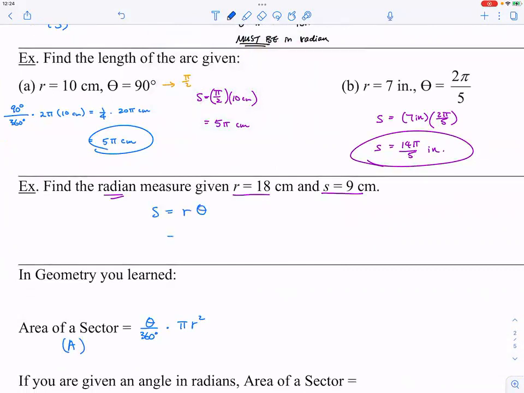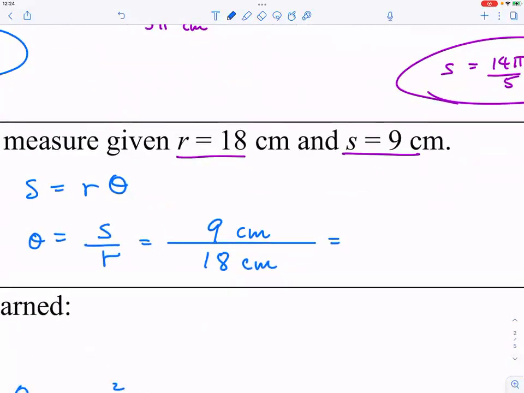S is equal to r theta, so theta is equal to S over r. So what's theta? It is 1/2 radian.